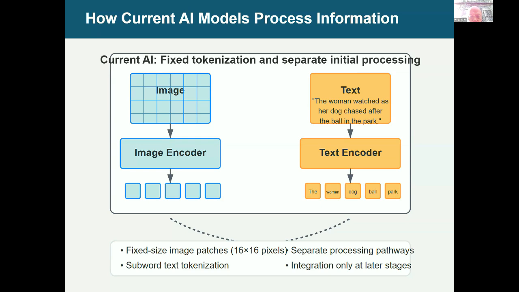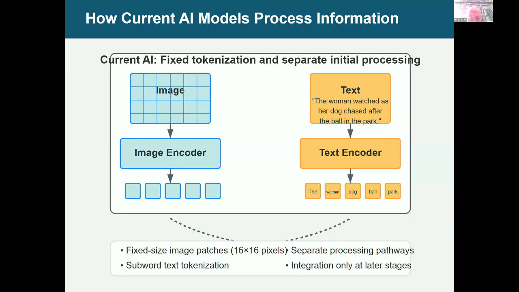Text is broken into subwords using methods like byte pair encoding. Images are divided into fixed-size patches, typically 16 times 16 pixel squares, regardless of what's in the image.